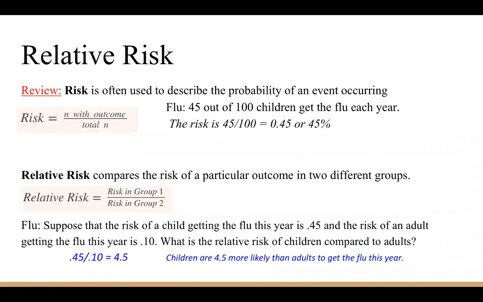What is the relative risk of children compared to adults? We would compare the risk in group 1, which is 0.45, over the risk in group 2, which is 0.10. And we would conclude that children are 4.5 times more likely than adults to get the flu.